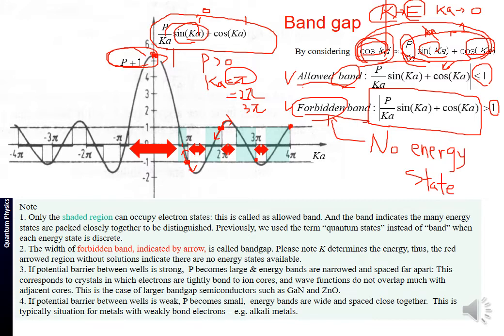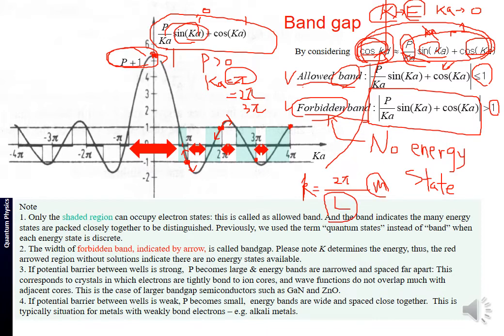And when you draw the curve, this one, and then you compare it with cosine Kd, cosine Kd could be any value because K is the wave factor. Actually, K has the form 2 pi M over L, with M an integer and L the scale of the crystal.